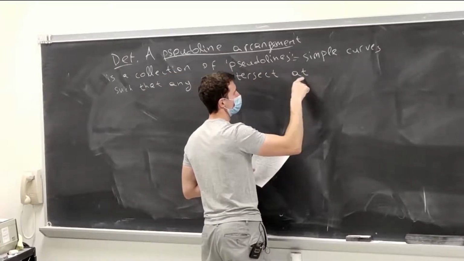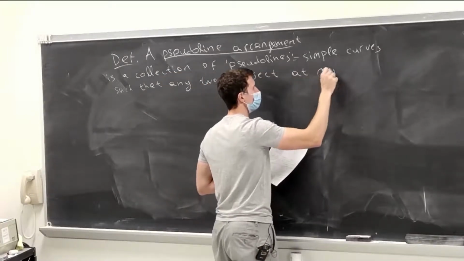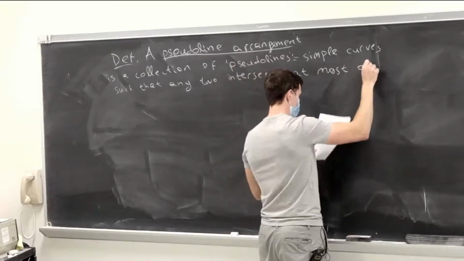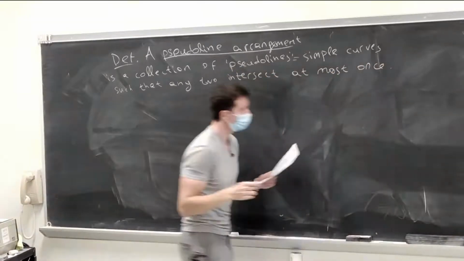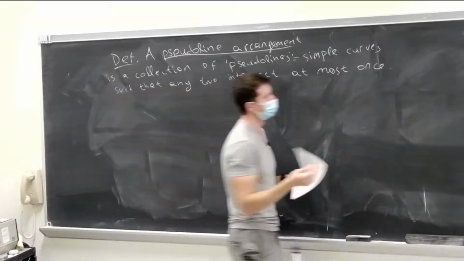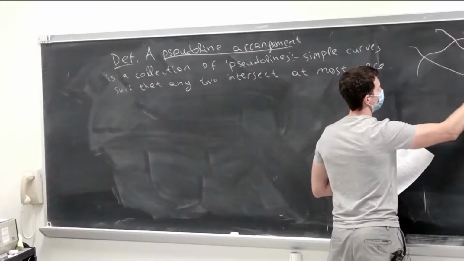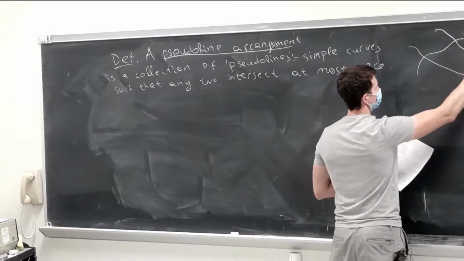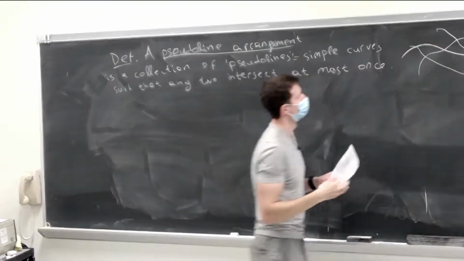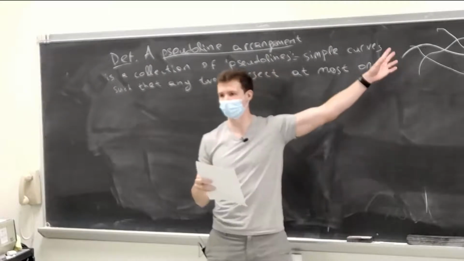So that's the crucial condition: at most once. So you should think of a picture like this. Maybe have some curves, and then maybe these two are parallel, and then something like this is a pseudoline arrangement.